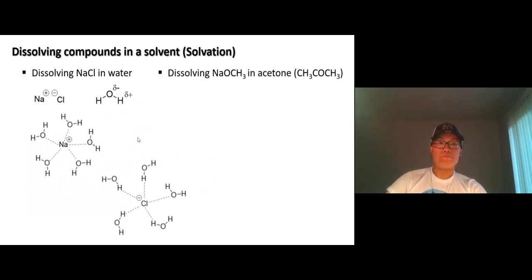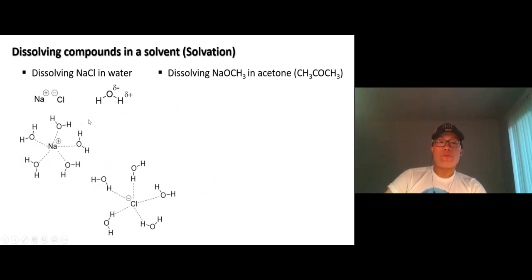Basically, what you need to know is positive and negative attract, negative and positive attract. That's wrong right there. That's oxygen, and it has to be hydrogen. Oxygen is negative and chlorine is negative, so that would repel. This line should have gone to hydrogen there. All right, anyway.